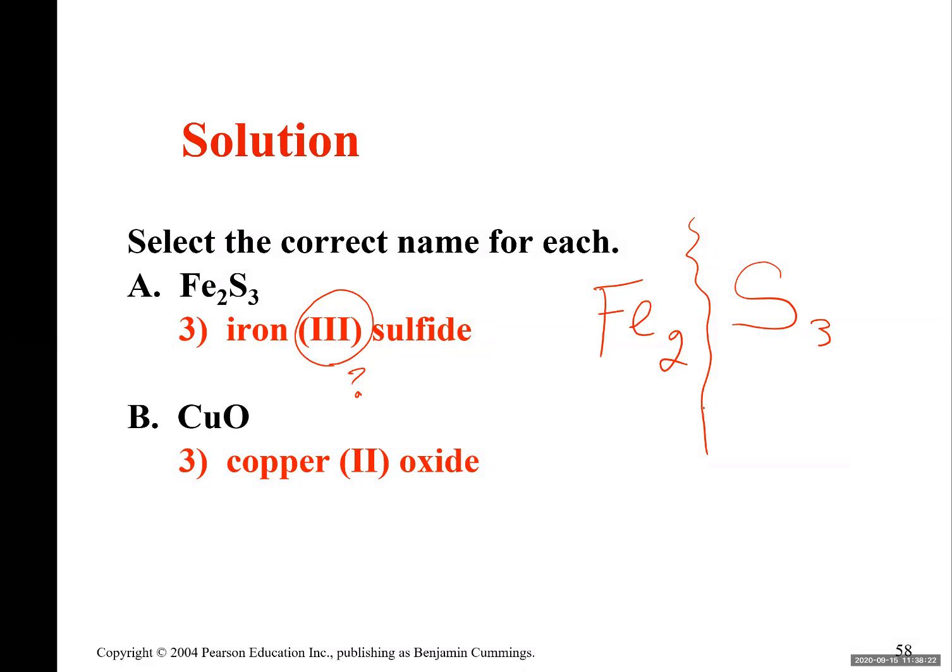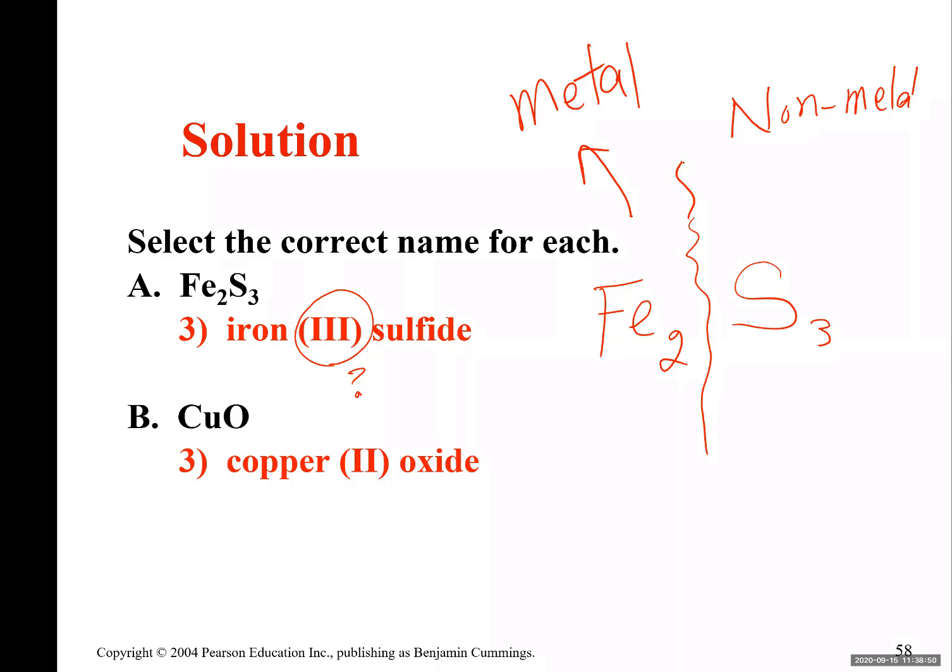By looking at the color coding, you know this is a non-metal, and you know iron is a metal. So you use the periodic table to decide. Draw a line between them.